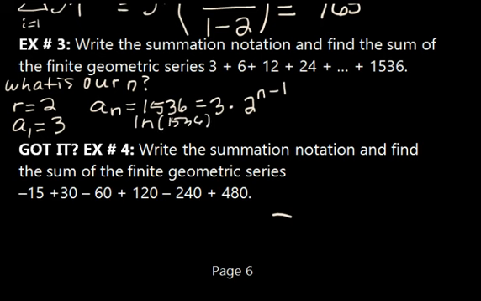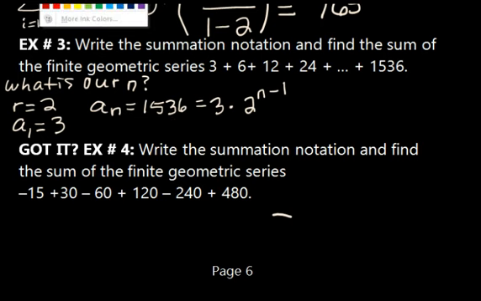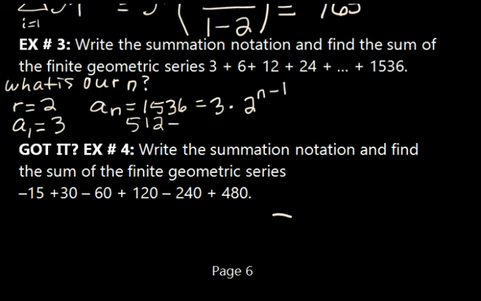Let me first divide both sides by 3 to get rid of that. I forgot about my 3 there. If I divide both sides by 3, I end up with 512 equals 2 to the n minus 1.